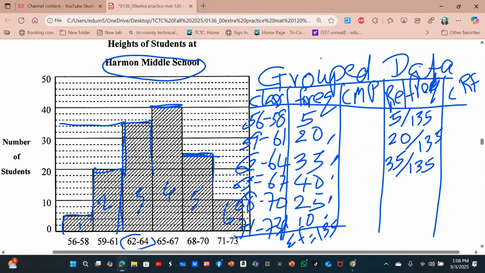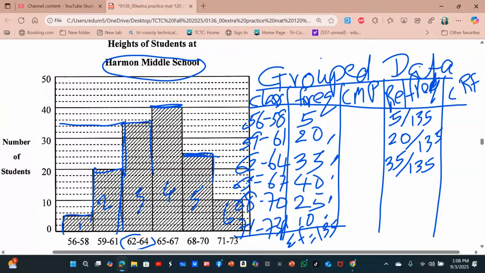Remember, the relative frequency is the frequency of the class over the total frequency. So what is the relative frequency of the fourth class? 1, 2, 3, 4.